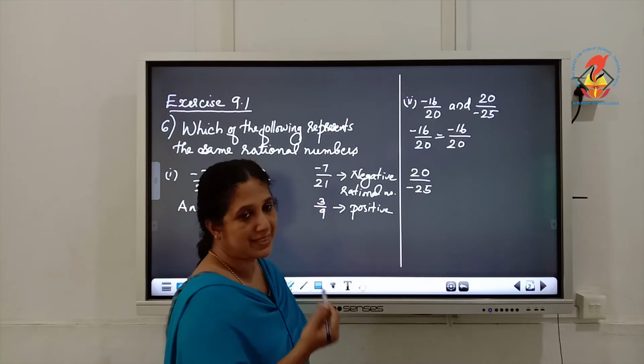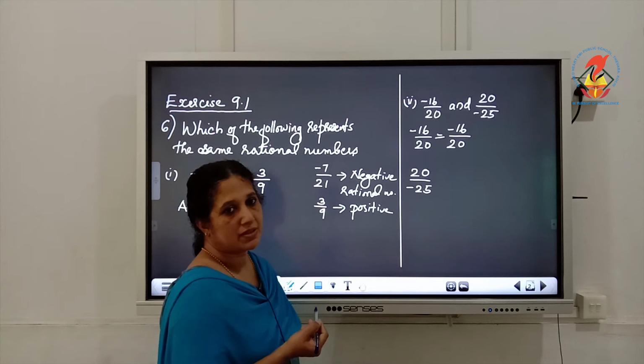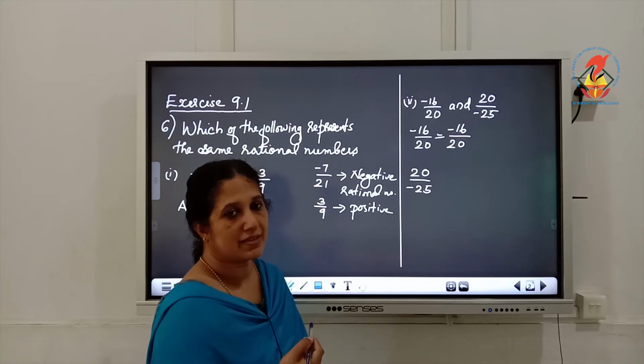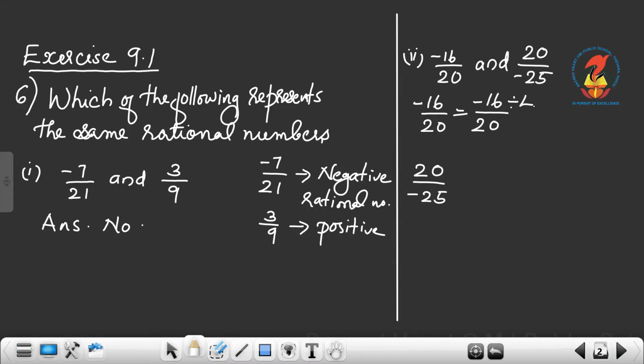Which is the highest common factor for 16 and 20? 4. So we can divide both the numerator and denominator by 4. The HCF of 16 and 20 is 4. Then negative 4 by 5.